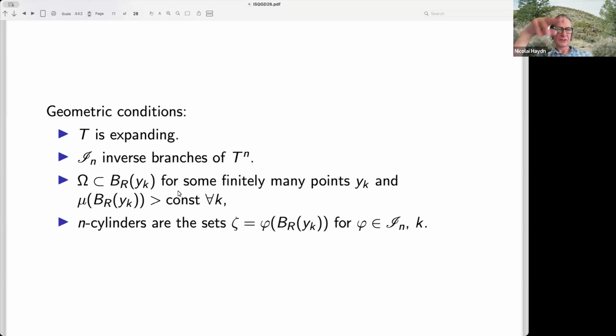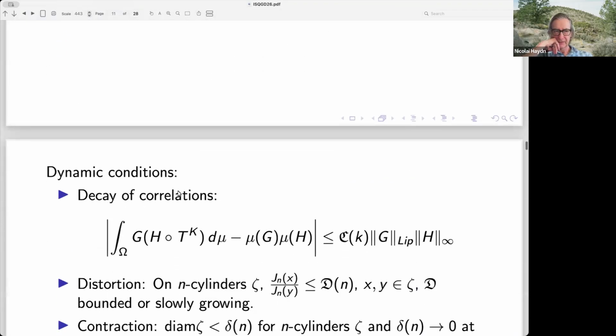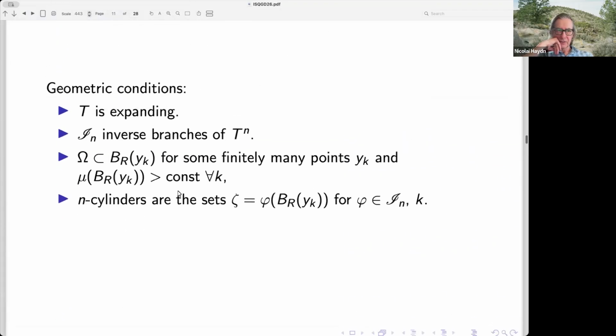Now, in reality, this can be improved on because we can allow for some bad sets like parabolic points and whatnot, and put in some controls, but never mind, not for today. So these are geometric conditions we have to have.